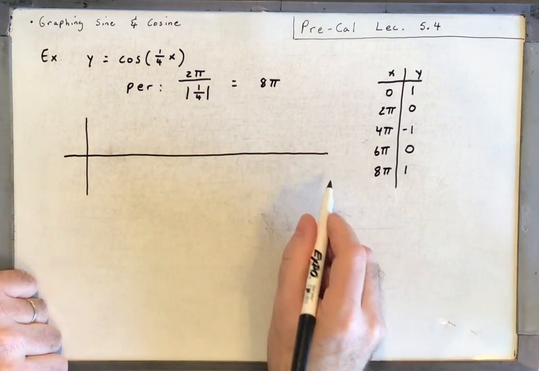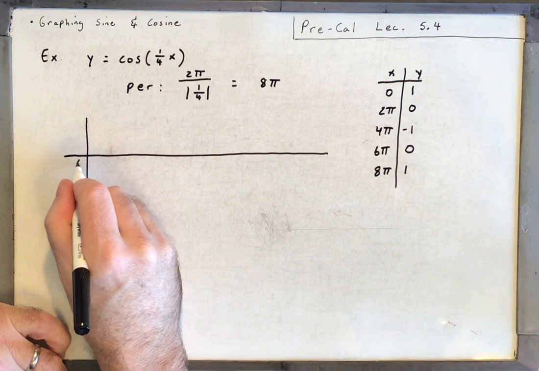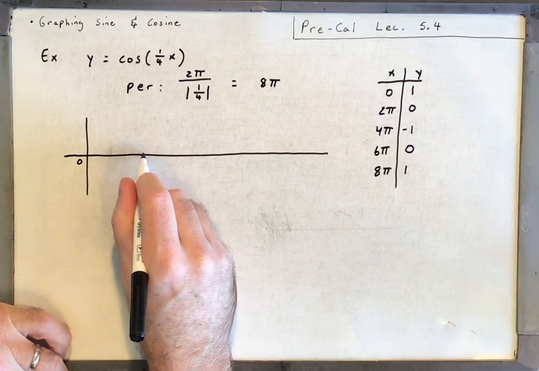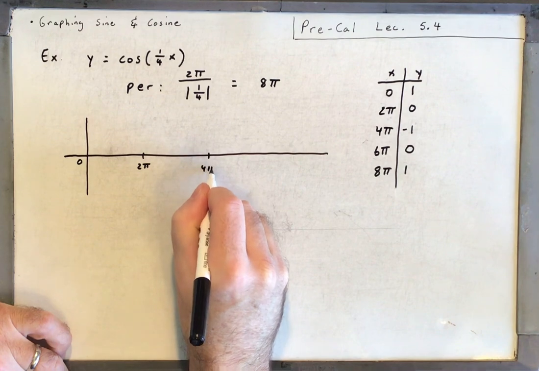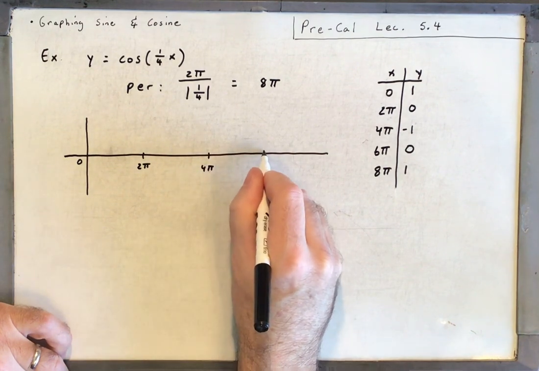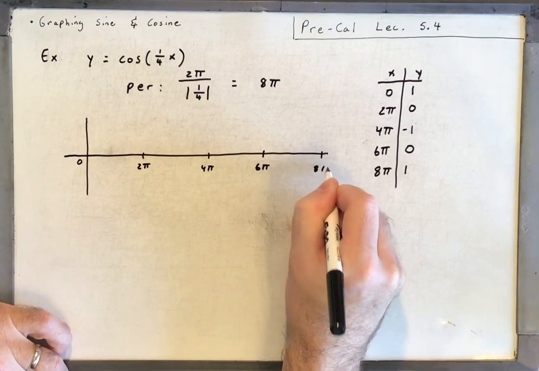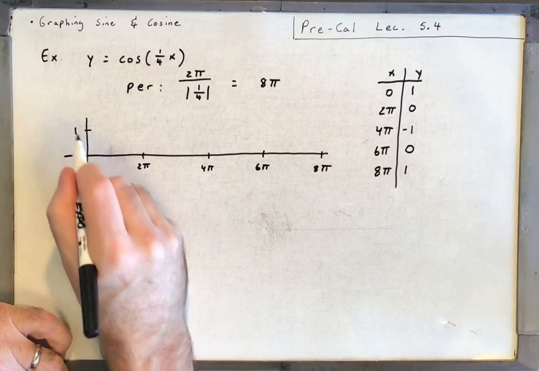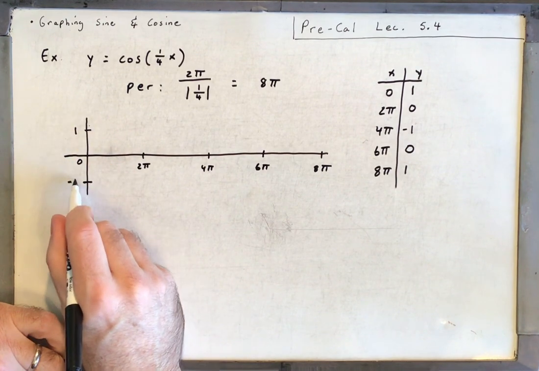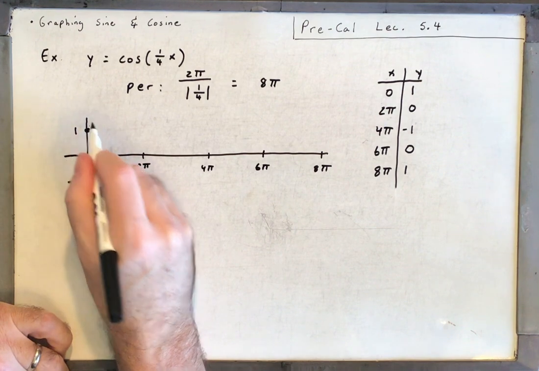All right, making it a little bit longer. Do your best on your page, but we've got a 0, 2 pi, 4 pi, 6 pi, 8 pi. And then we've got a 1 and a -1. So we start up here at 1.